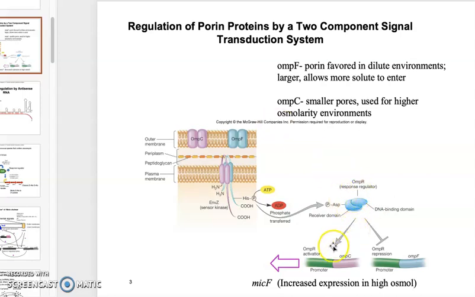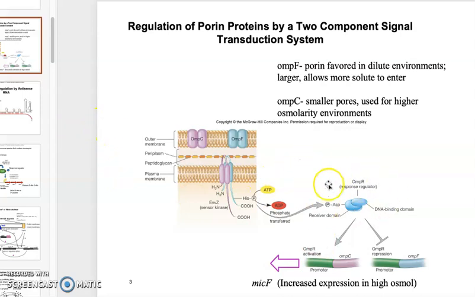OMP-R phosphate will interact with the promoter for OMP-C and actually increase its expression. So it simultaneously represses OMP-F and turns on OMP-C, with a dual function as both a repressor and an activator.